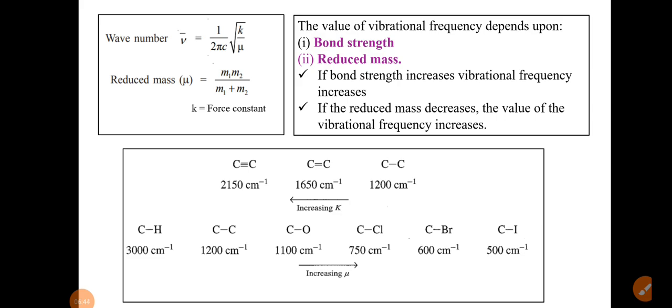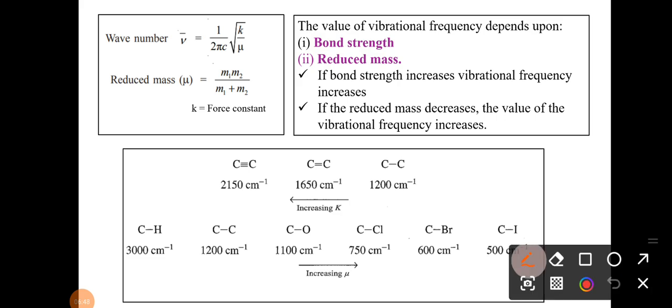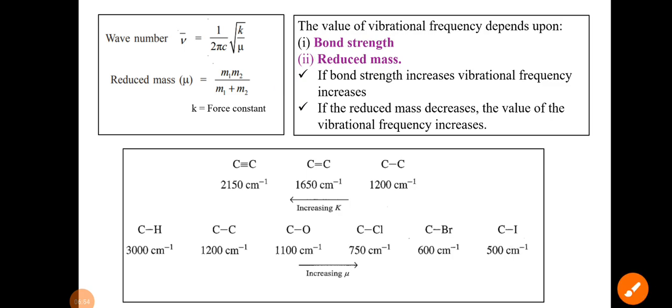If bond strength increases, vibrational frequency increases. And if reduced mass decreases, the vibrational frequency increases. Simply, we can say the wave number is directly proportional to the bond strength and inversely proportional to the reduced mass.